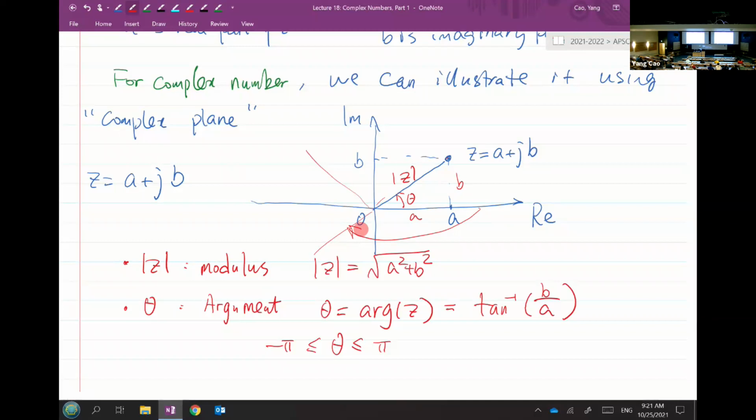If you have a counterclockwise rotation for the angle, you have a positive angle. If you have a clockwise rotation, like from here to here, you get a negative angle. That's exactly the convention we typically use when doing angular rotations: counterclockwise is positive, clockwise is considered negative. So this is basically the information you can extract from a complex plane.